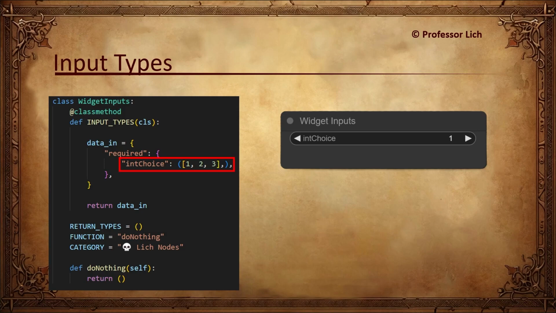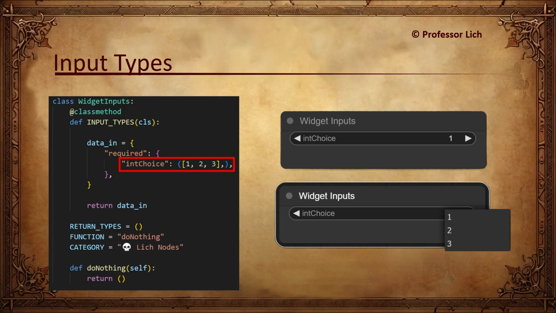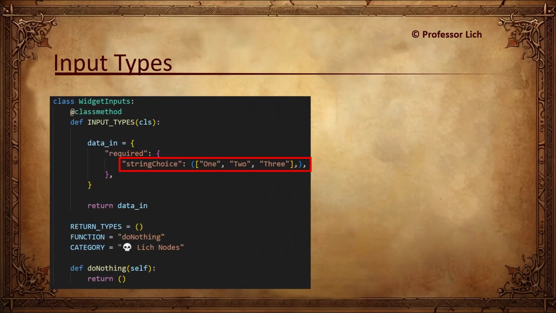First, congratulations, you have made your first widget. You can use left and right arrows to change the selected value, or you can click on the number and pick the value from there. Also, we are not restricted to just choosing from integers. We can make a list of strings as well. In this case, when you start up Comfy, your node will appear this way.